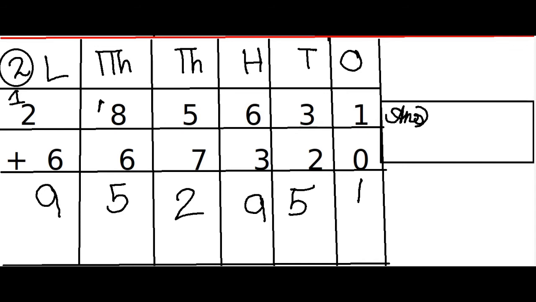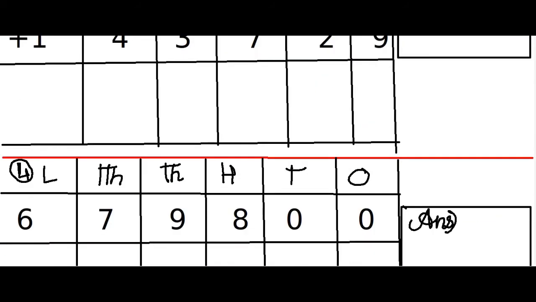So the answer is 9, 5, 2, 9, 5, 1. 9,52,951 is the answer for sum number 2. Let's move on to sum number 3.